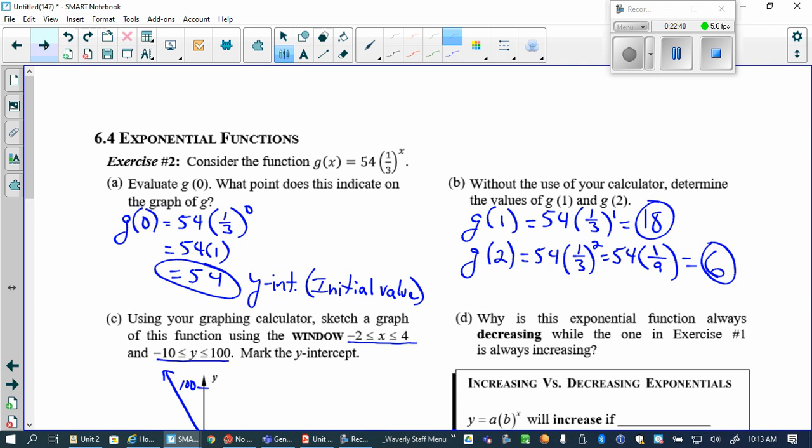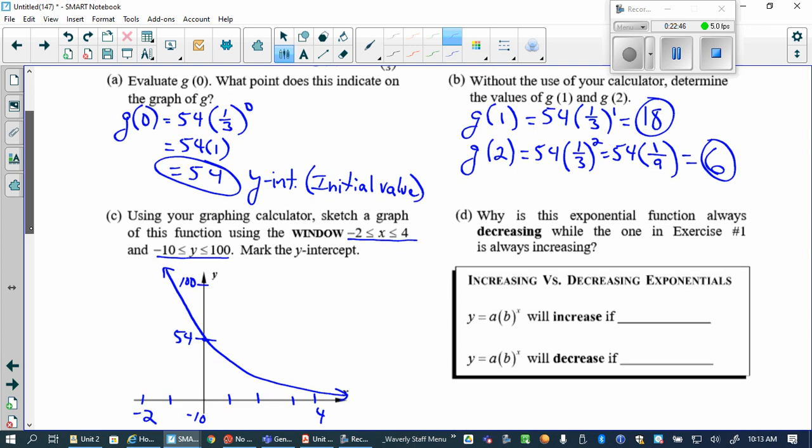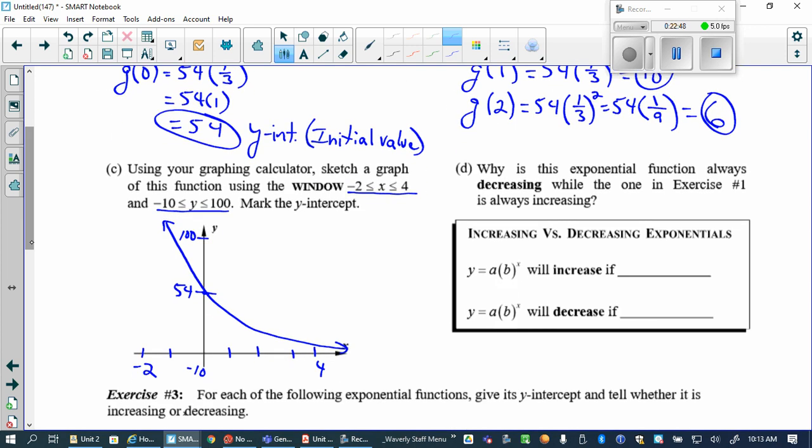The thing you're multiplying it by, 1/3. So the b is what makes a growth or decay. So this exponential a times b to the x will increase or be growth if b is greater than 1.